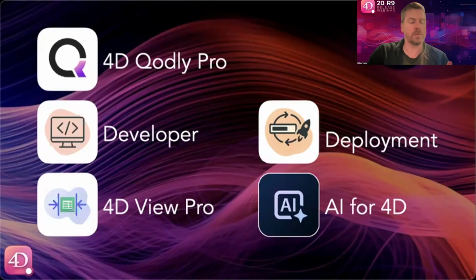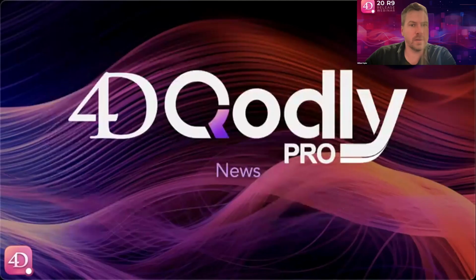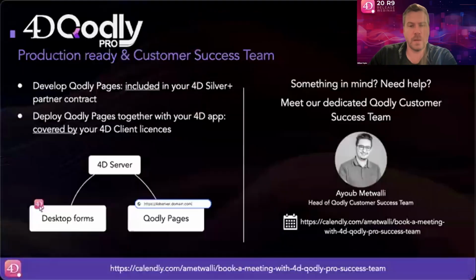Next, we're going to explore what's new for you developers, diving into the latest enhancements to the 4D development environment. And then we're going to pop into 4D View Pro and then deployment. Without further ado, let's start with 4D Qodly Pro.